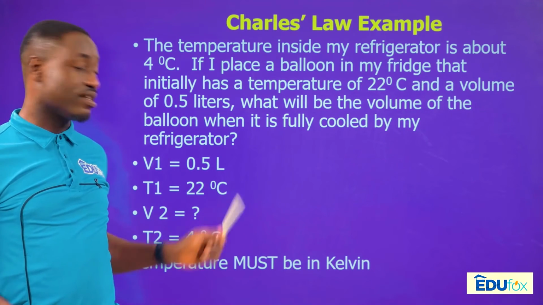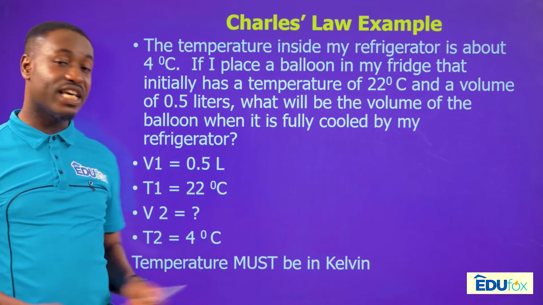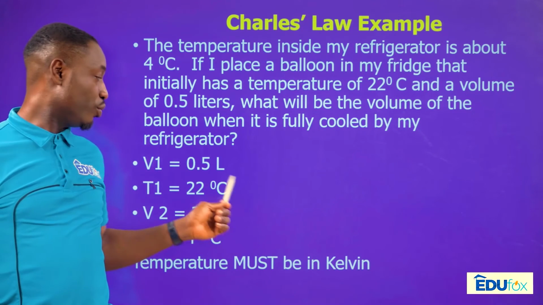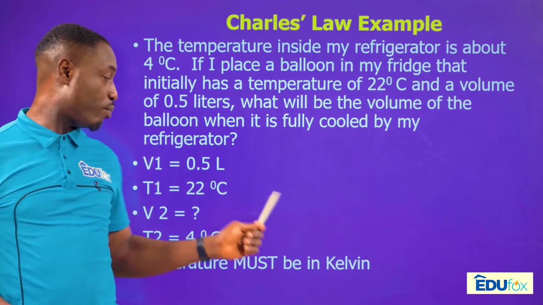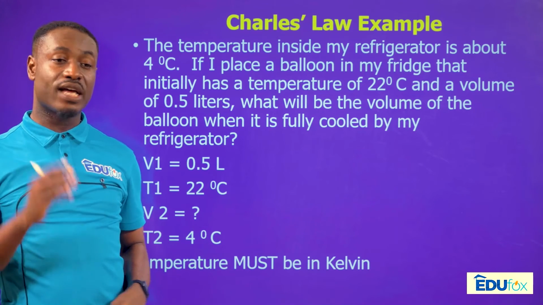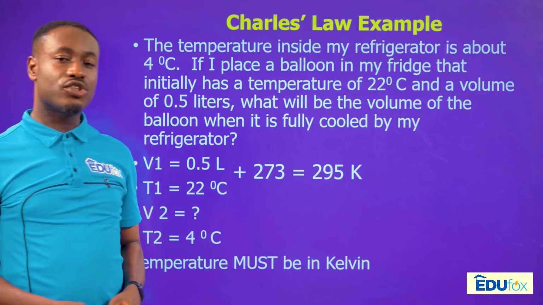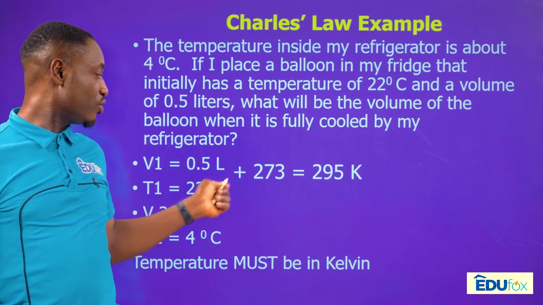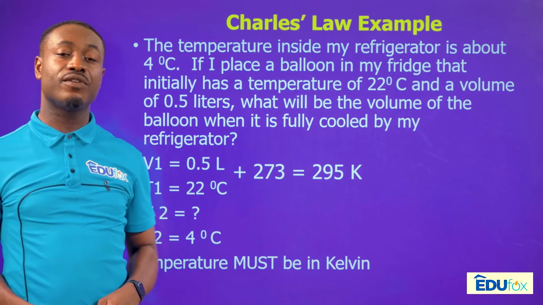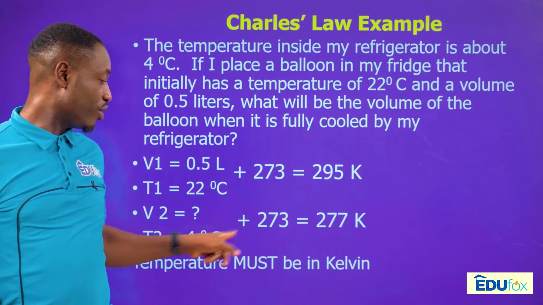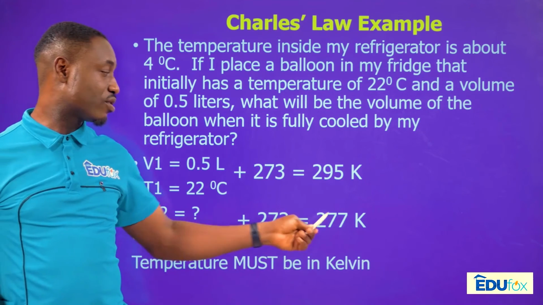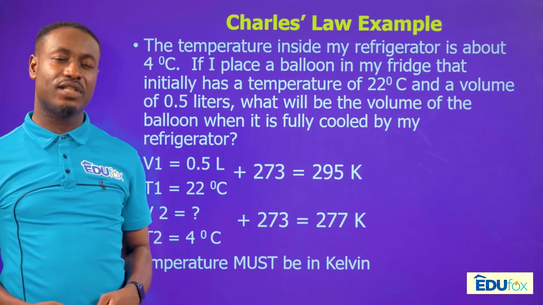Look at this. Is it in Kelvin? No. Is this in Kelvin? No. What do we do to both of them? We have to add 273 to both temperatures to get Kelvin. So 22 plus 273 gives us 295 Kelvin, and 4 degrees plus 273 gives us 277 Kelvin.